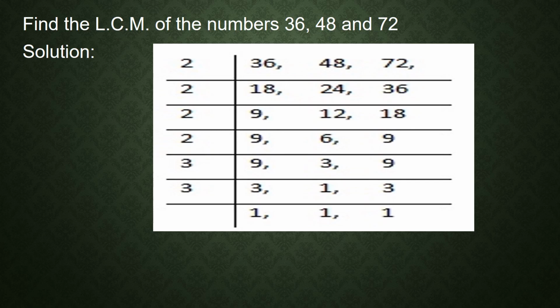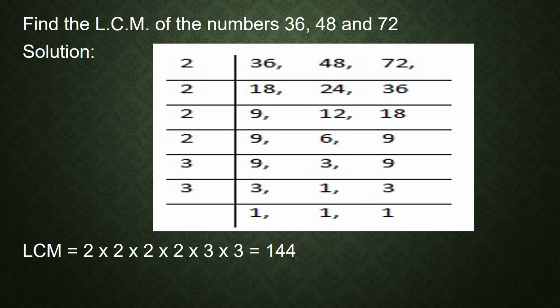Write all the quotients in the next row. We will repeat this process until we get 1. Now the product of all the divisors, that is 2 into 2 into 2 into 2 into 3 into 3, which is equal to 144, is the LCM of 36, 48 and 72.